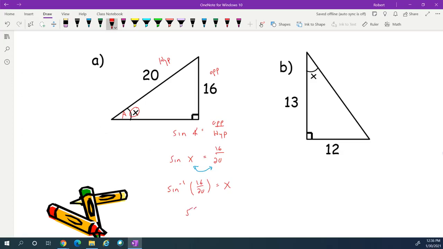And I get 53.1. Again, everything we're doing is in degrees. Make sure your calculator is in degrees. Sometimes they reset. Now you could do 16 over 20, get 0.8, and then do inverse sine of 0.8. Or again, you could do inverse sine, let the calculator figure out that fraction.